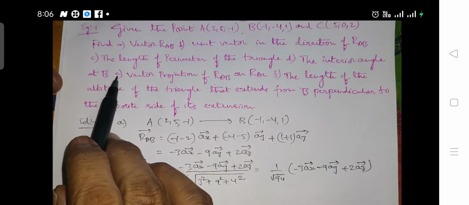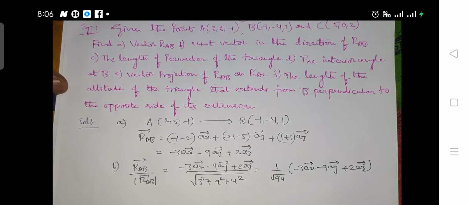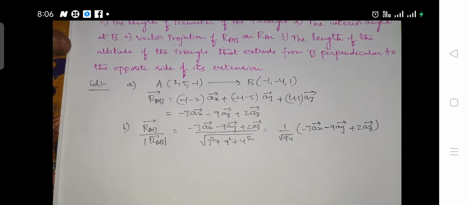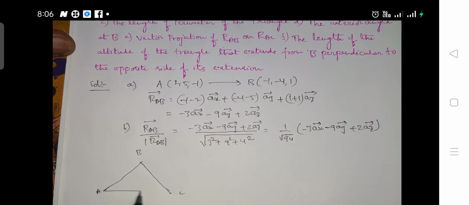Similarly, see the length, the perimeter of the triangle. If you construct the triangle, say this is point A, point B, and let us say this is C. This is AB, this is BC, this is CA. So RAB, RBC and RCA.